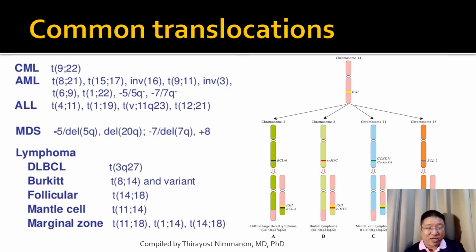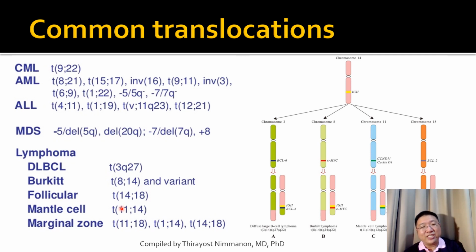And the third one, mantle cell lymphoma. Mantle cell lymphoma. Chromosome 11 is for cyclin D1. 14 is for immunoglobulin. So the translocation will result in overproduction of cyclin D1. As you may recall, cyclin D1 is involved in cell cycle progression.